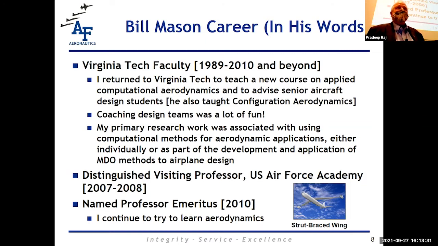I still have committees I'm on, students I'm working with, classes I'm teaching, and he was enjoying himself. He loved teaching design. He loved working with design teams. And he also became part of a group that was applying optimization to design on things like the strut-braced wing.